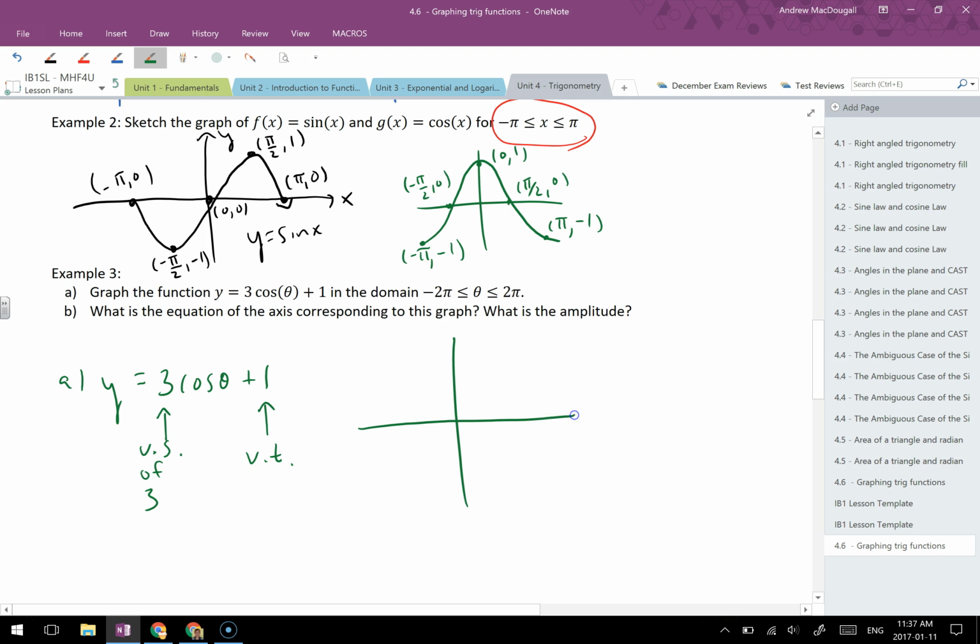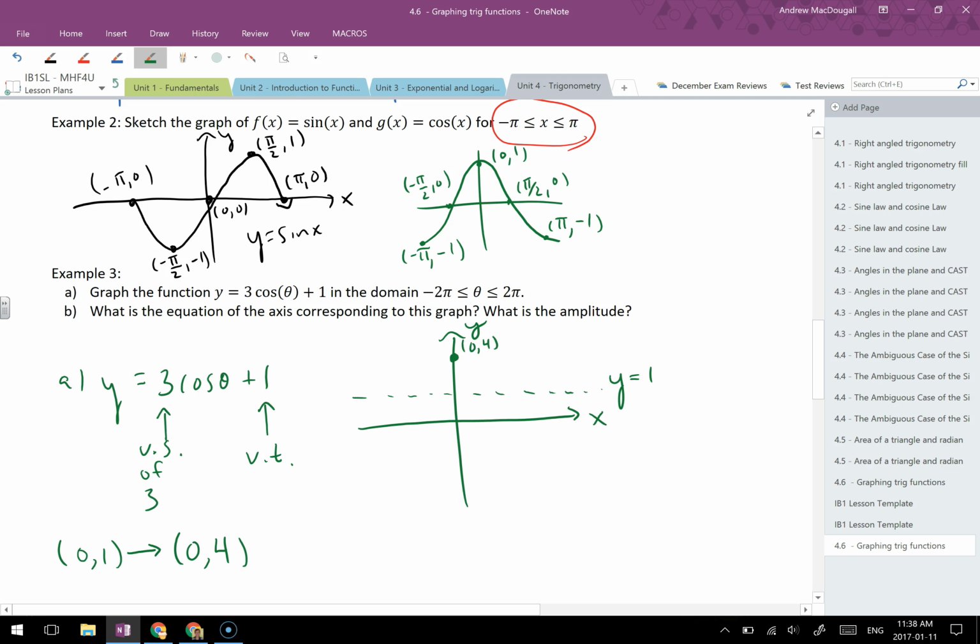Now, that vertical translation will move the principal axis up 1. And let's look at a few points. Let's look at the point on cosine. We have the point 0, 1. Well, we multiply 1 by 3 and add 1. 0, 4. So we have the point 0, 4.